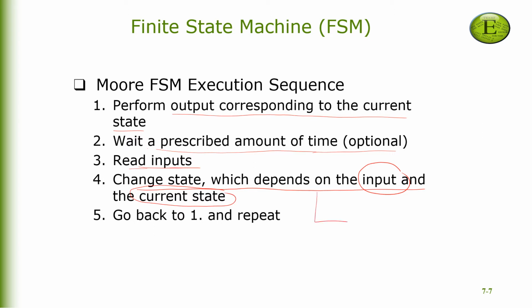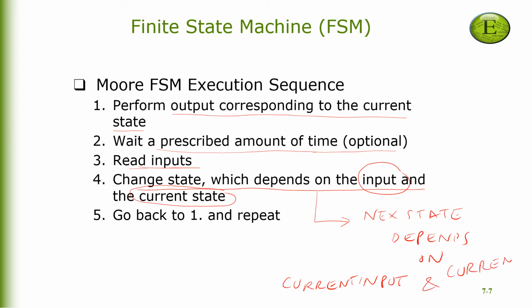In fact, what we're saying here is that the next state depends on the current input and the current state. And once the state transition has occurred, that is, the microcontroller has changed the state, then we repeat the whole process, go back to step 1 and start over.